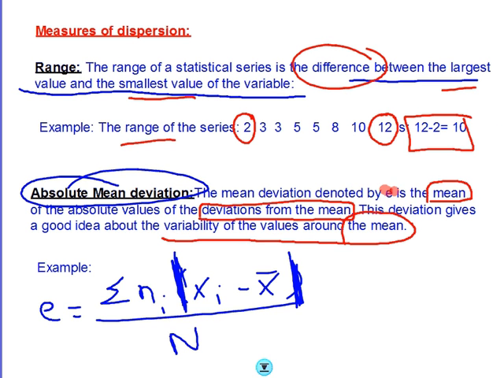Now we'll talk about the third characteristic, which is the variance and standard deviation. So we have two characteristics, not one. They are related. So, okay, variance and standard deviation.